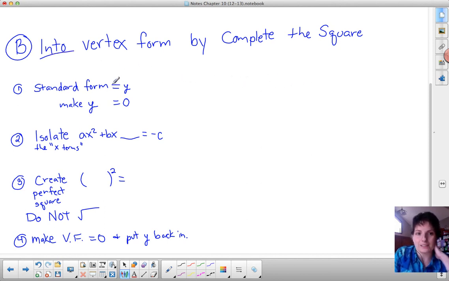So the first thing we'll do is, here are my steps that I'm going to follow down here, 4 steps. The first is that I'm going to be given a problem in standard form. So I'm going to have something like y equals x squared minus 6x plus 4.